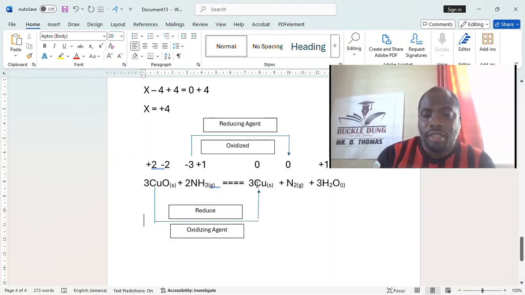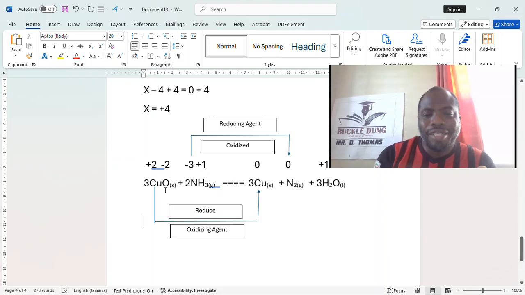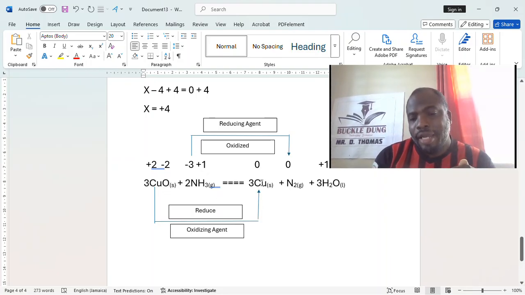What is the gain of electrons? Reduction. Here, copper is bonded to oxygen, but on the product side there's no oxygen, so copper has lost oxygen. What is the loss of oxygen? Reduction.